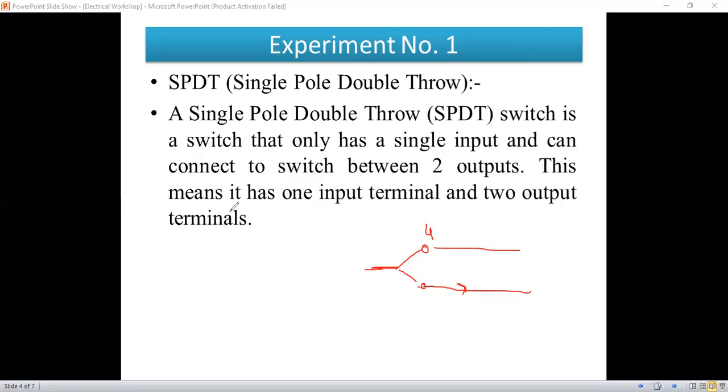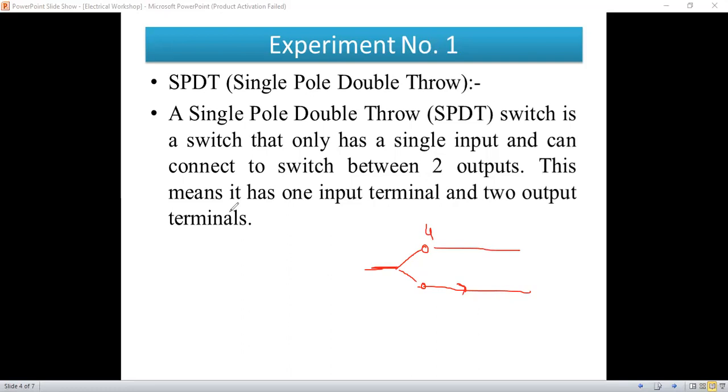This means it has one input terminal and two output terminals. Generally in a practical application, if you see the switch used for loudspeakers, for connecting a generator terminal as well as for connecting our electricity, there are two poles and these two poles can be connected by one throw, that means one single type of switch. So it is nothing but single pole double throw type of switch.